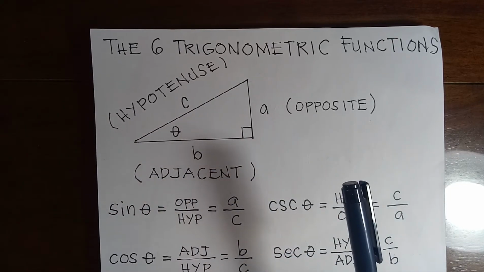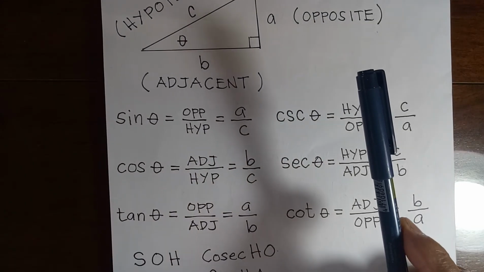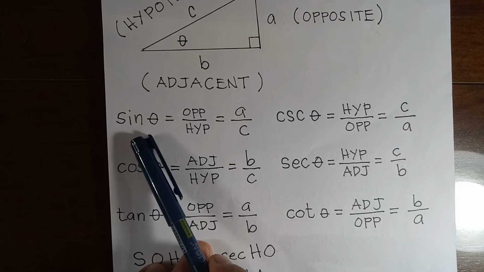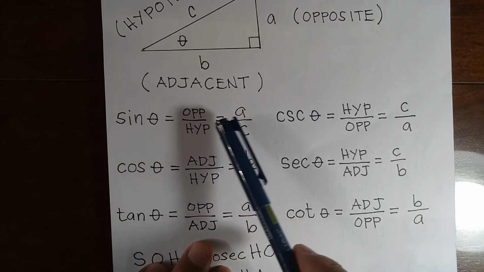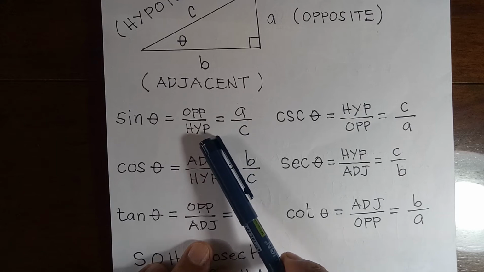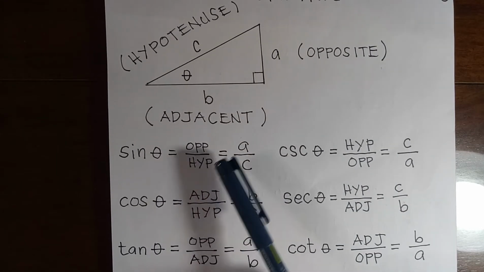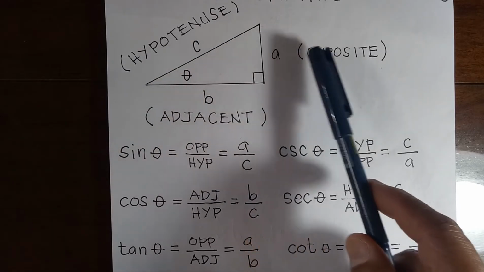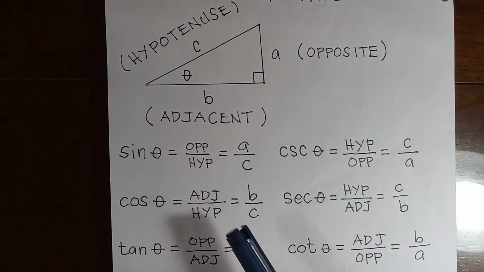Okay. So, these are the 6 trigonometric functions. When we say sine theta, this is equal to the opposite divided by the hypotenuse, or A over C. Opposite divided by the hypotenuse.